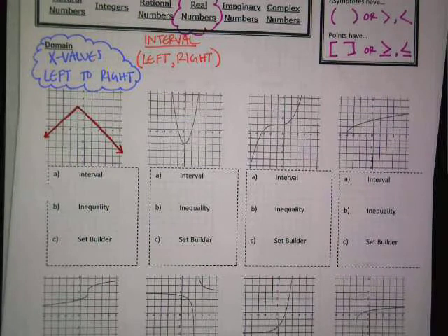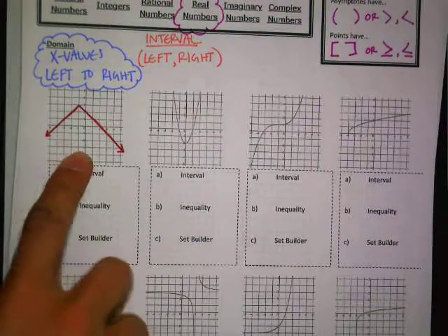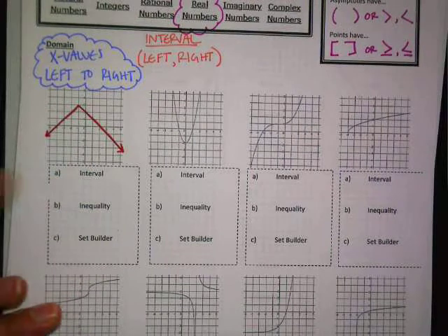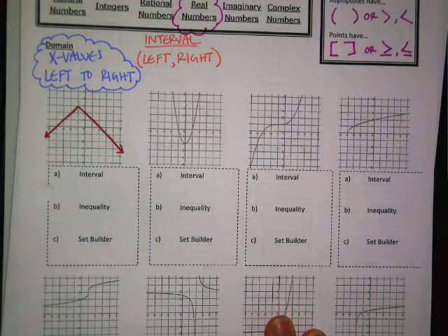Okay, my first graph here, what kind of function is that? Linear. No, wait, no. Absolute value. Absolute value, good. So for this absolute value function, I'm going to look and I want to say, okay, how far left am I going? Well, remember, arrows are going to go on forever. So how far left am I going? All the way.